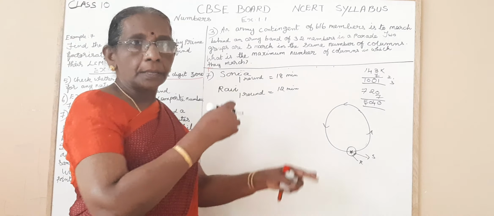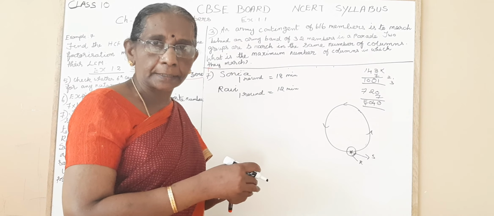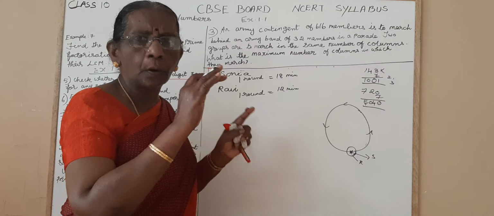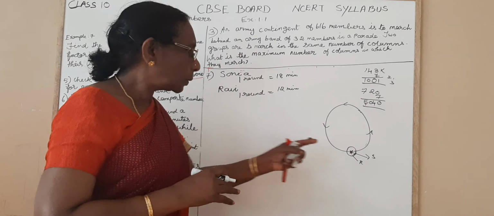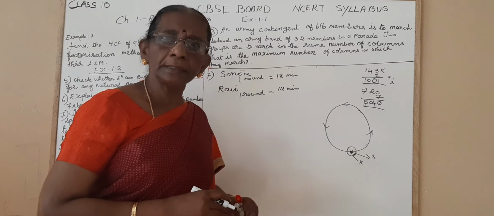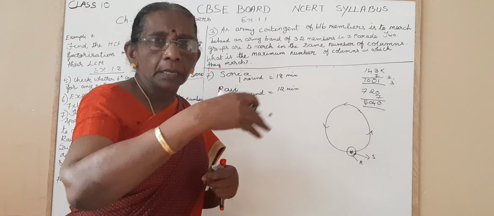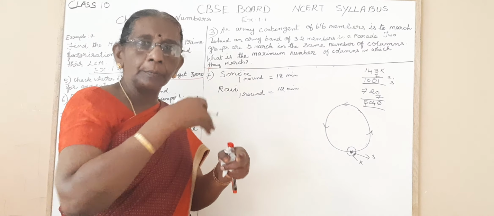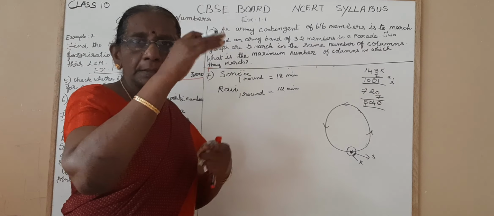Okay, for completing one round 18 minutes, for completing two rounds 36 minutes and completing 3 rounds 54 minutes, like this it's going on. It's increasing by multiples of 18. Whose time? Sonia's time. At the same time, Ravi's time also goes on increasing by the multiples of 12. For one round 12 minutes, 2 rounds 24 minutes, 3 rounds 36 minutes.